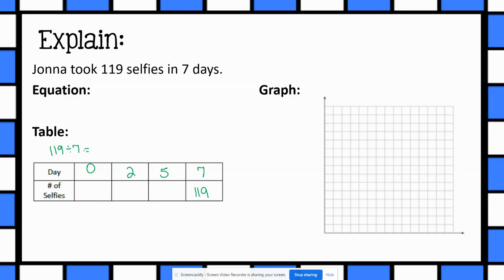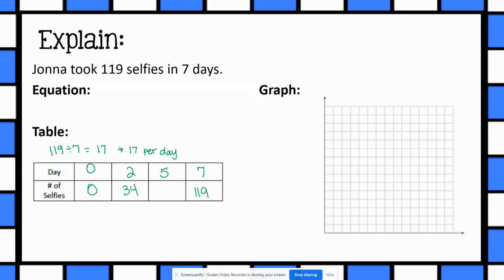Well, if I do 119 divided by 7, I'm going to get 17. So that means she took 17 selfies per day. So in 0 days, she hadn't started, so she took 0 selfies. But in 2 days, if she took 17 per day, it would be 17 times 2, which is 34.